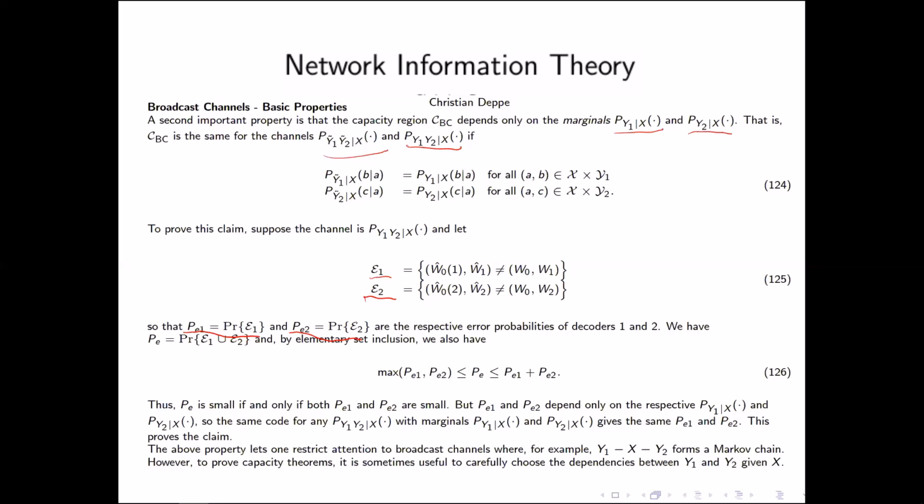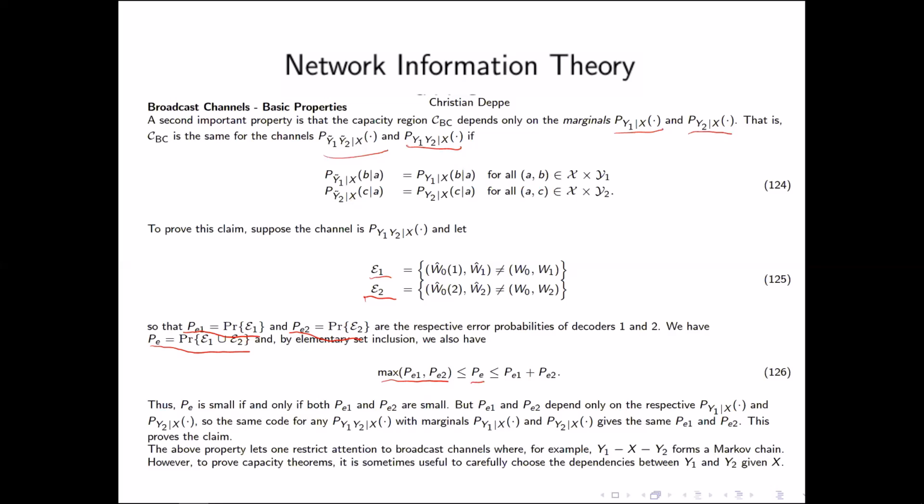And then we can look at the error PE, which is just the probability of the union of events 1 and 2. If we take the maximum of PE1 and PE2, of course, this maximum is smaller than PE.